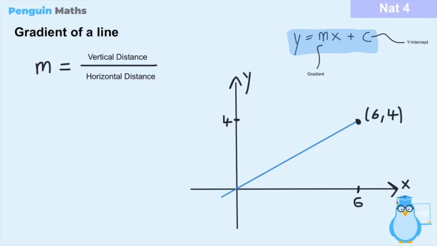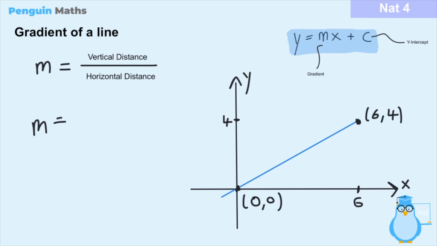So for example, let's say we have this blue line here and we want to calculate the gradient of it. So what we have to do is calculate the vertical distance and the horizontal distance between 2 points on this line. We already have one point right here, which is the point (6, 4), and we can see that it also passes through the origin here, so that means that we can use this second point of (0, 0).